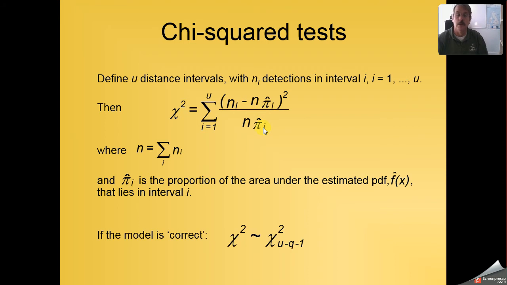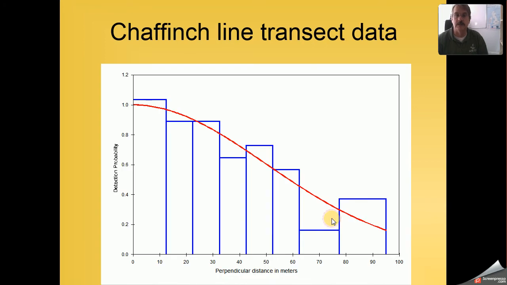We can then perform a hypothesis test to say, is our fitted model an appropriate representation of our observed data by contrasting the calculated test statistic as opposed to the critical value of this test statistic.